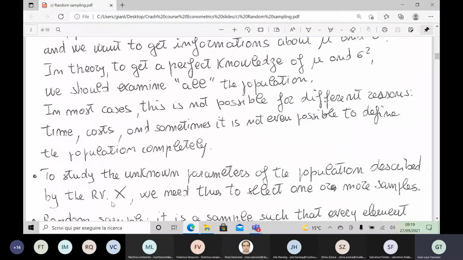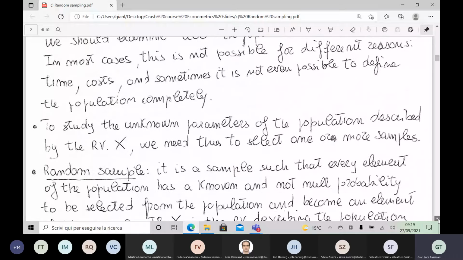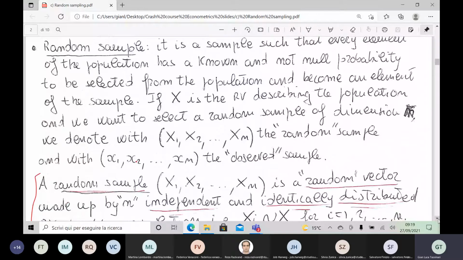And here I provided the definition of random sample. A random sample is a sample such that every element of the population has a known and non-zero probability to be selected from the population and become an element of the sample.